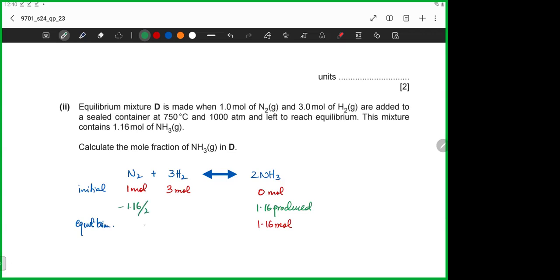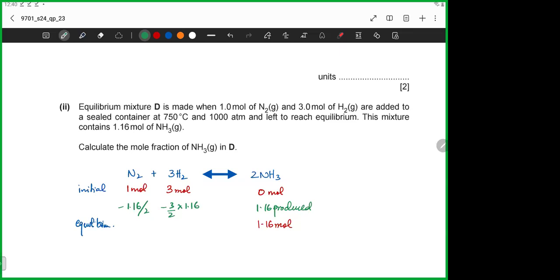And for H2, it's going to be 3 minus 3 over 2 into 1.16. So calculate the equilibrium moles now.